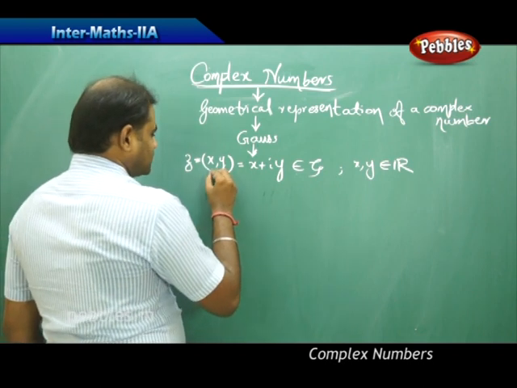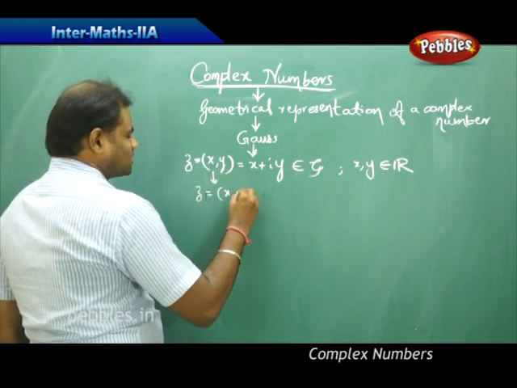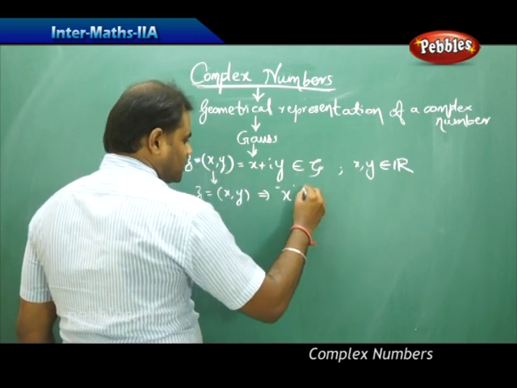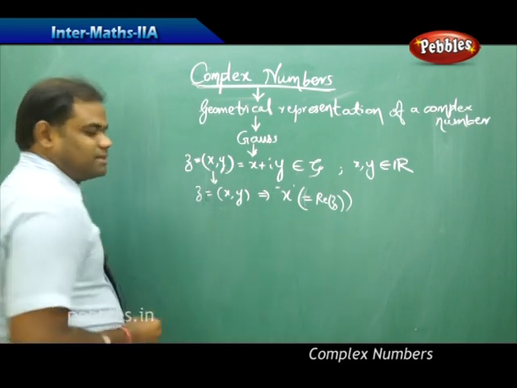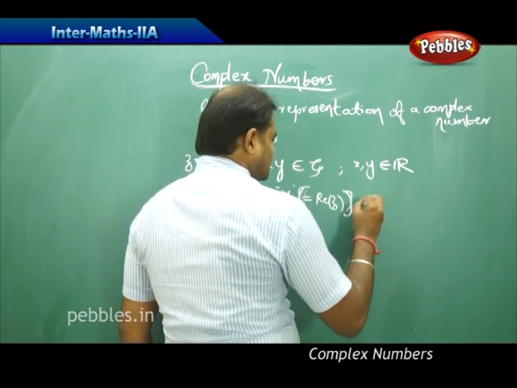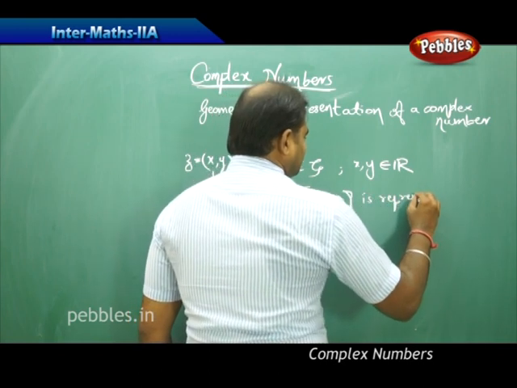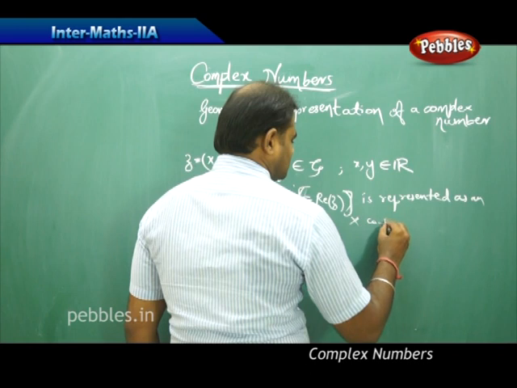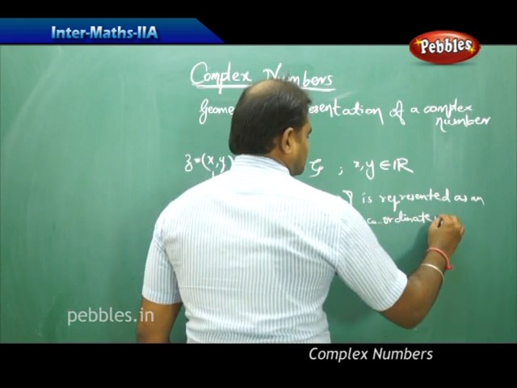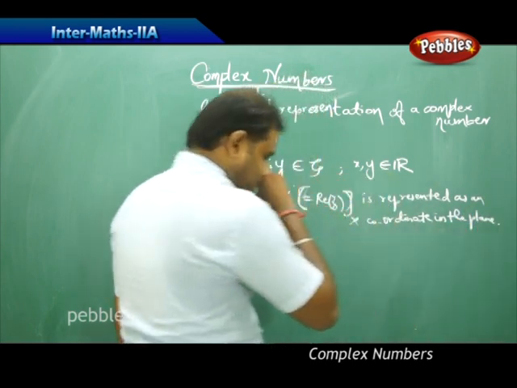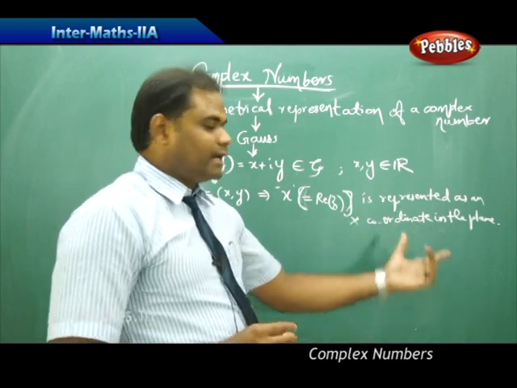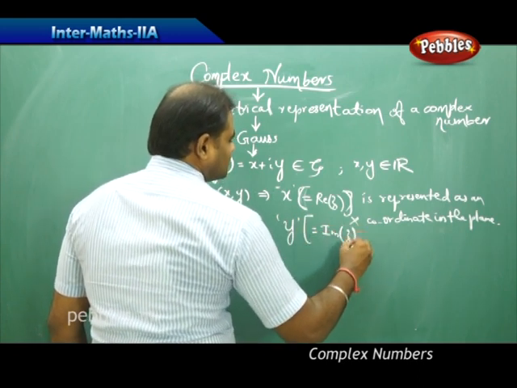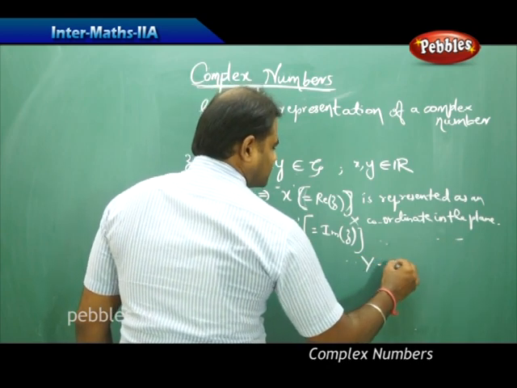That implies the representation of a complex number in the form of x comma y implies x, which is the real part of z, is represented as an x coordinate in the plane, and my y, which is the imaginary part of z, is represented as a y coordinate in the plane.